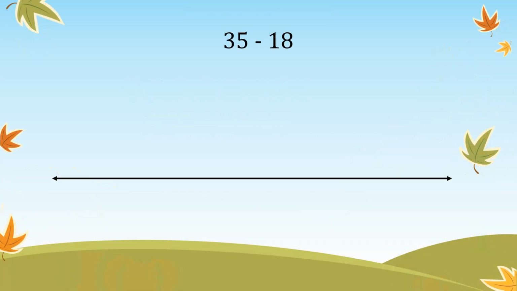Let's take a look. If we have 35 minus 18, if you are looking at the comparison model, we're looking at the distance between 18 and 35. Here is 18, and here is 35.